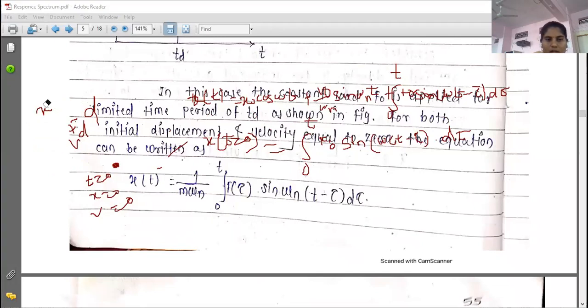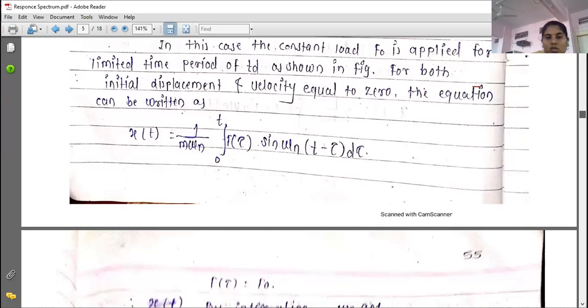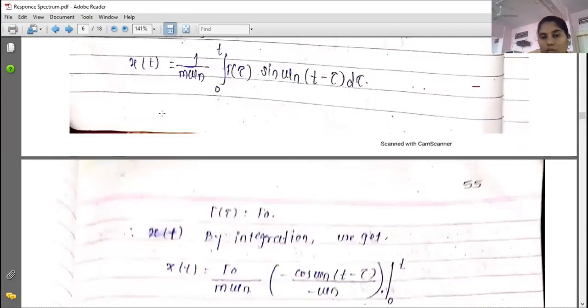We'll erase all these parts first. So at time t equal to 0, x is equal to 0 and v is equal to 0. That's why only the third term of Hamilton's integral remains here, that is x of t is equal to 1 upon m omega_n into f of tau into sine of omega_n (t minus tau).